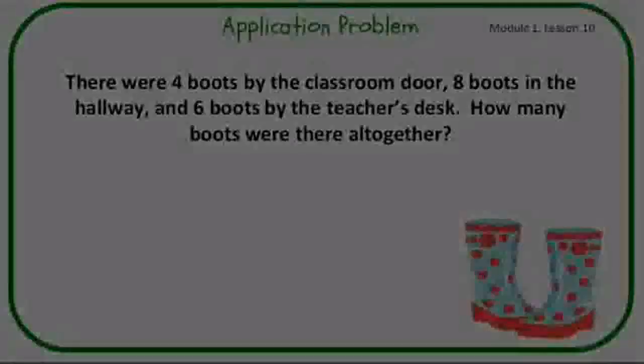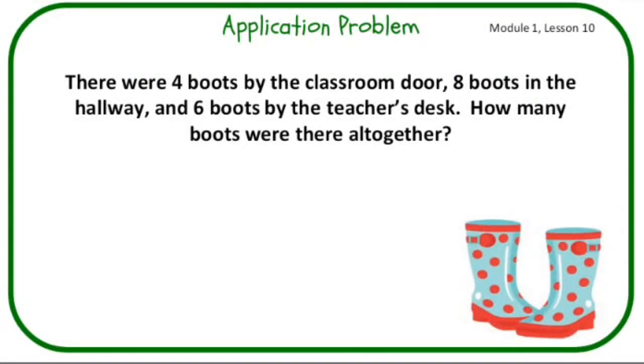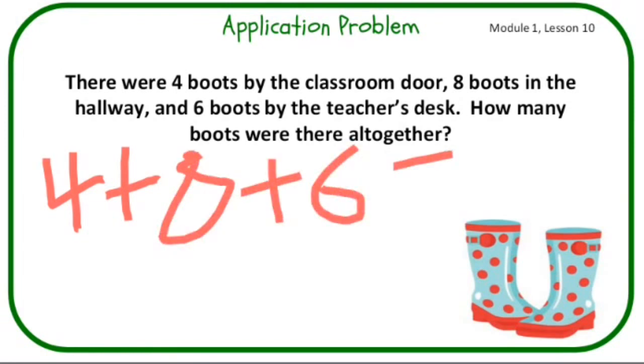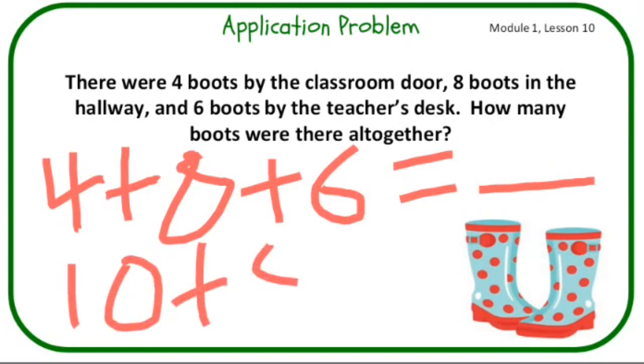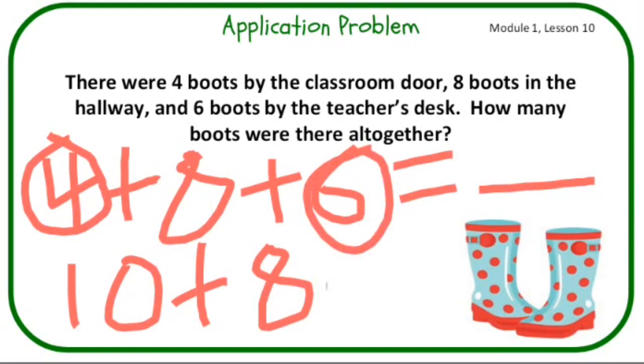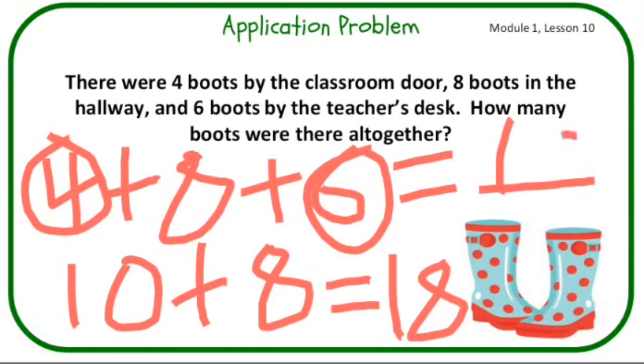Very good. So that means our original number sentence, which was 4 plus 8 plus 6 equals to dash, we change to 10 plus 8, because 4 and 6 gave me 10. So 10, 8 is what? 18. Come here and write my 18.